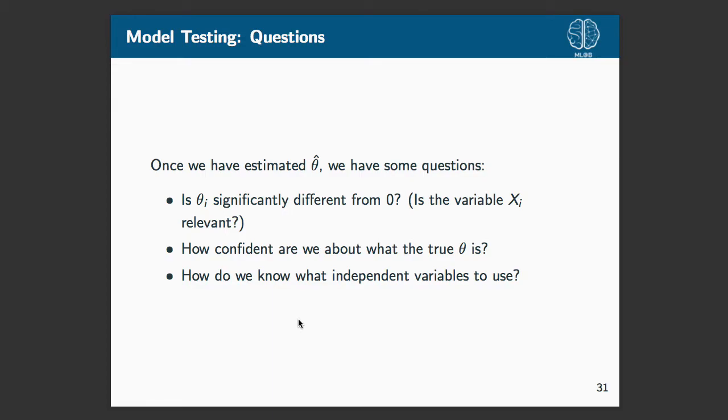Moreover, how confident are we about what the true theta is? How sure are we about our estimates? And the last question, I think the most interesting, is how do I know what independent variables to use? How do I decide if I have 1,000 variables about this data? How do I decide if I should use all 1,000 or if I'm better off using just 5 of them? Those are the kind of questions that we have.